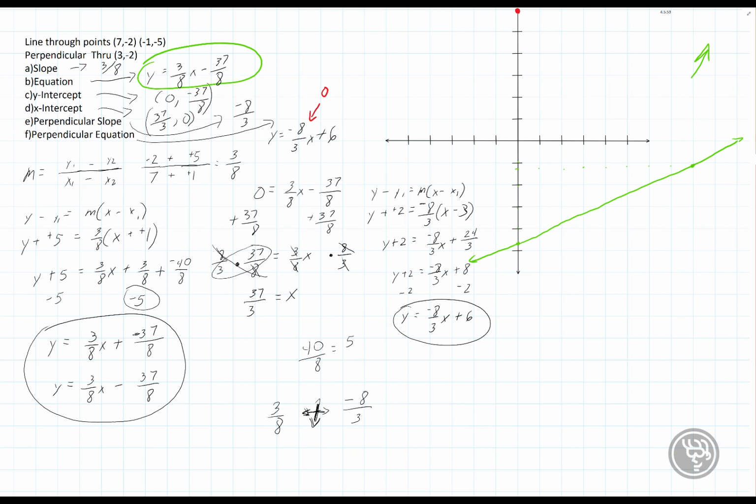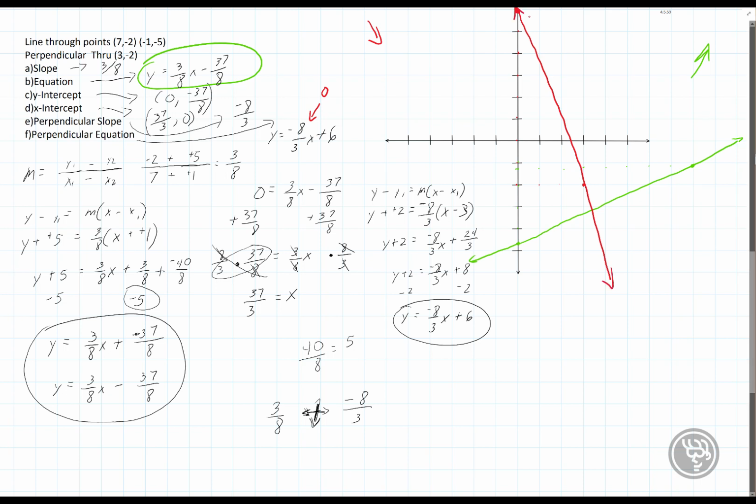And we know that this line is decreasing, so this line has to go down. Our rise is negative, so we're going to go down minus 8, 1, 2, 3, 4, 5, 6, 7, 8, and then 3 over, 1, 2, 3. This is our perpendicular line as best as I can draw it.